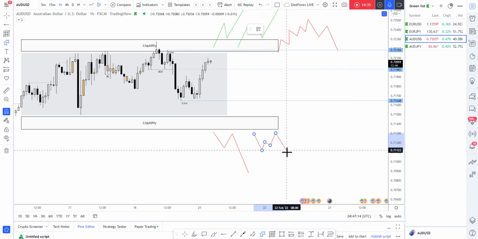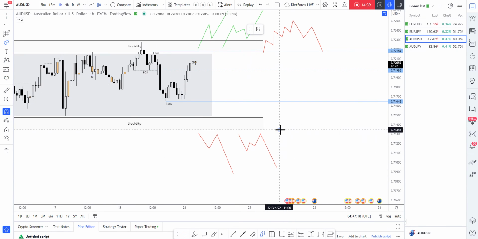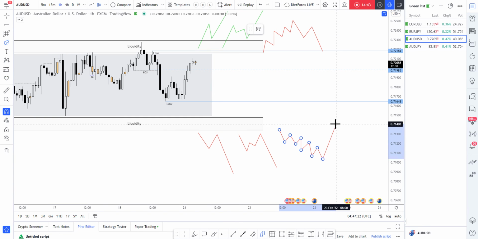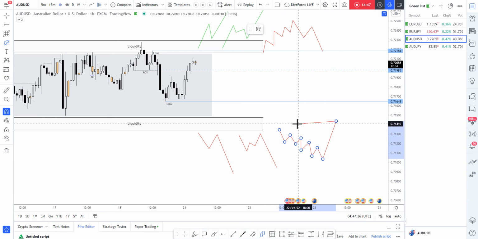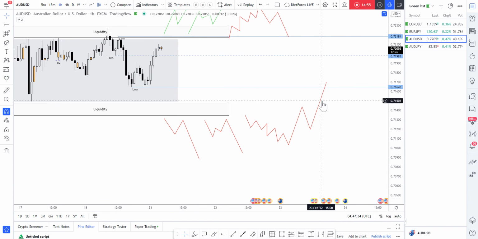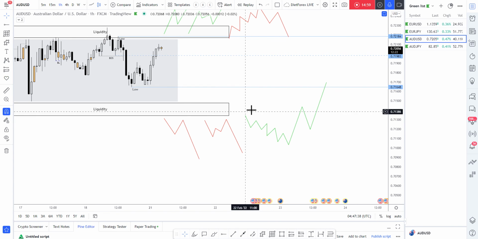We could also get a flag continuation, and of course, I don't want to miss if it starts breaking this low correctively. Again, I would wait to break this descending channel and wait for a bullet or a bomb before continuing the move, and it's going to be a bullish scenario for me.